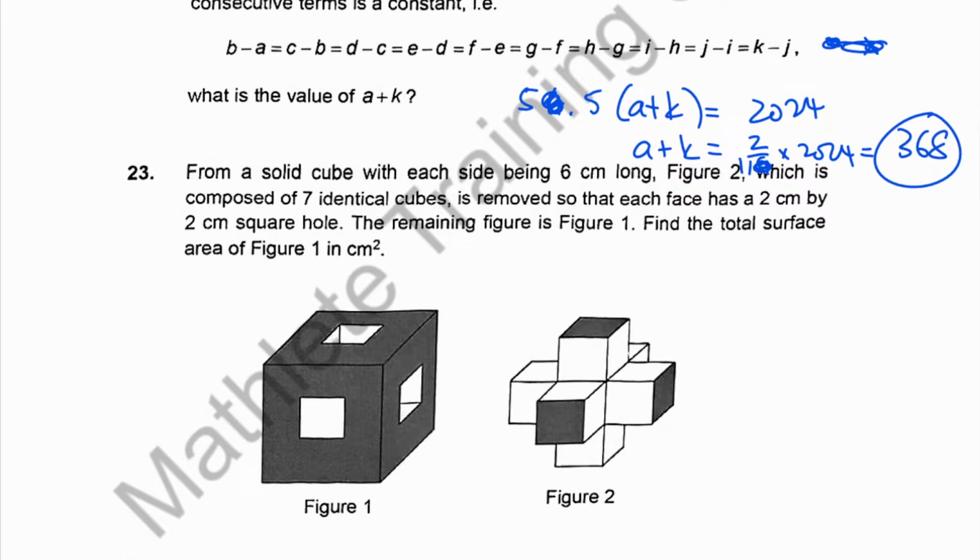Okay. Question 23. You hollow out the inside of a solid cube. Each side is 6 cm long. So you want to find the total surface area of the first figure.